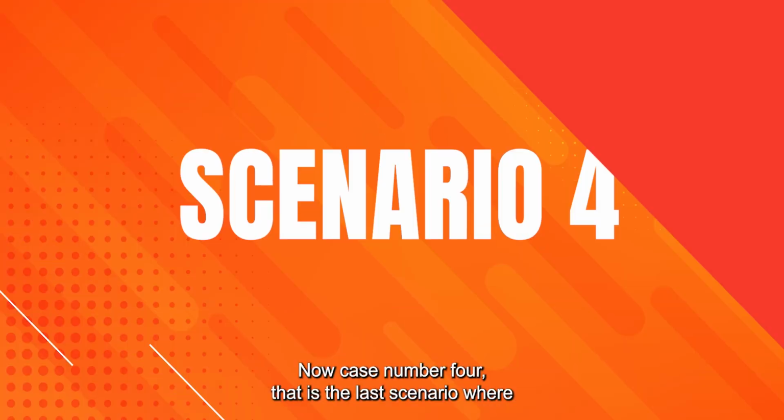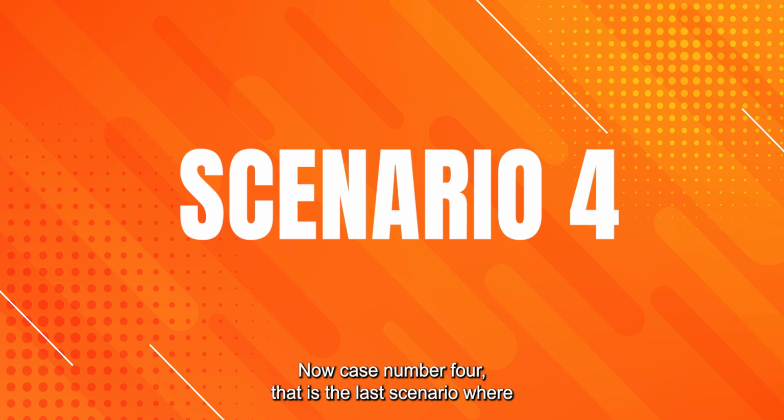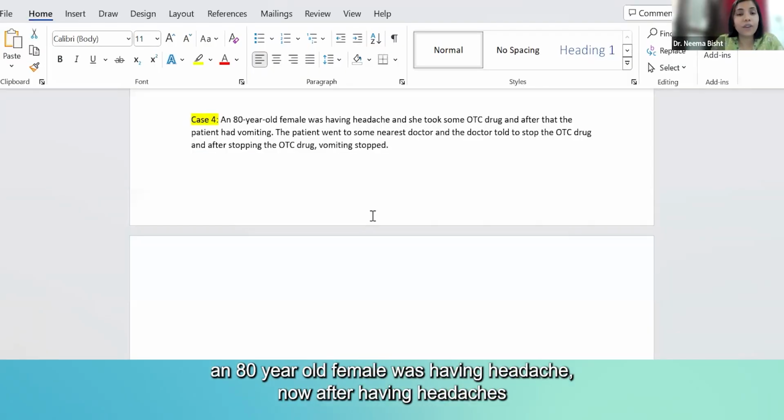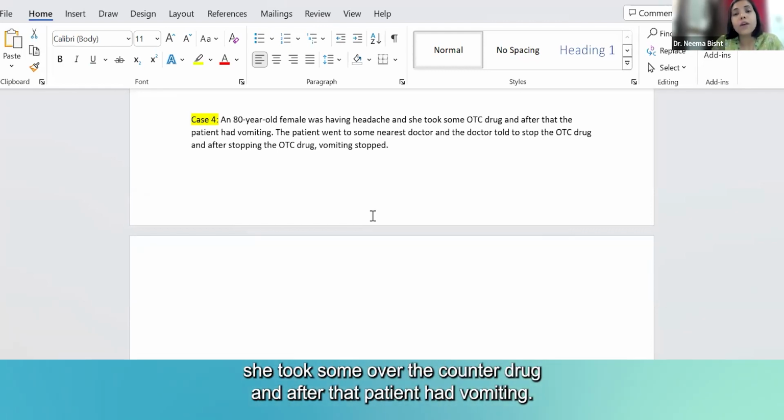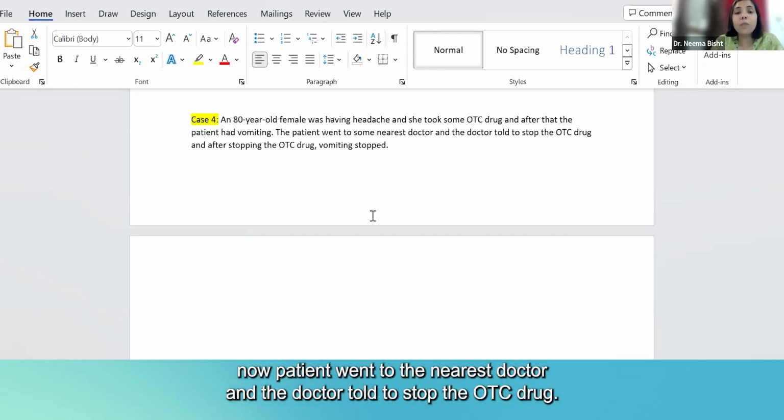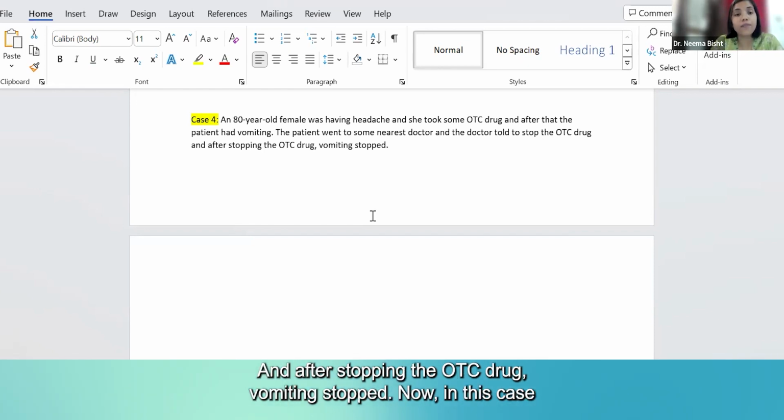Now case number 4, that is the last scenario, where an 80-year-old female was having headache. Now after having headache, she took some over-the-counter drug, and after that the patient had vomiting. Now the patient went to the nearest doctor and the doctor told her to stop the OTC drug, and after stopping the OTC drug, vomiting stopped.